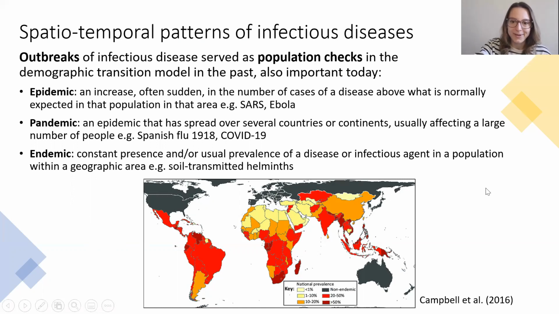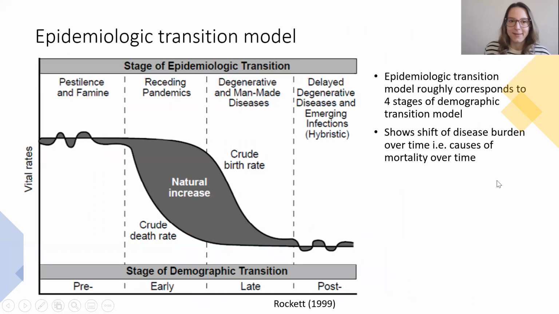So now that we've got an understanding of how to characterize those outbreaks, let's talk about this epidemiologic transition model. If the demographic transition model primarily showed population change, the epidemiologic transition model really shows a change in disease patterns over time.